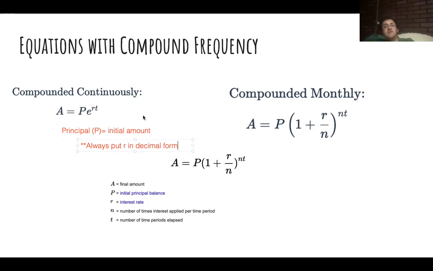So if we are doing compounded monthly, for instance, we would have 12 times in the period of a year. If I had weekly, it would be like 52 instead, for like 52 weeks in the year. And then T would just be like the number of time periods.